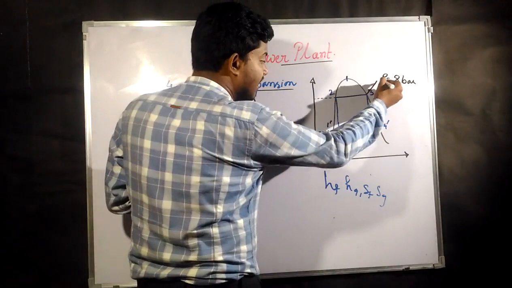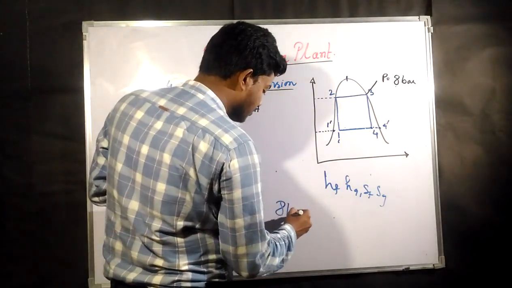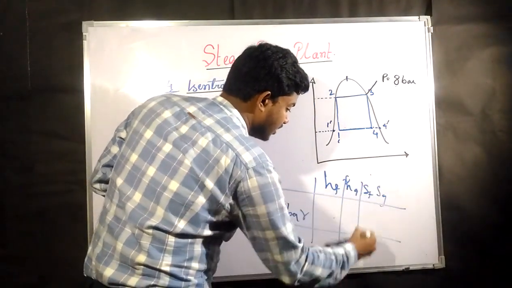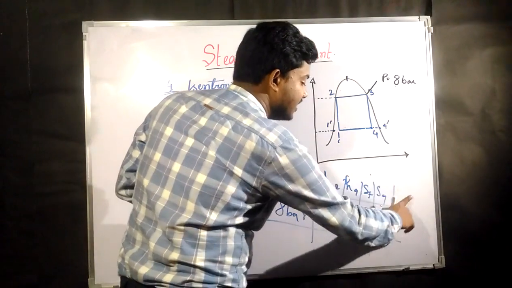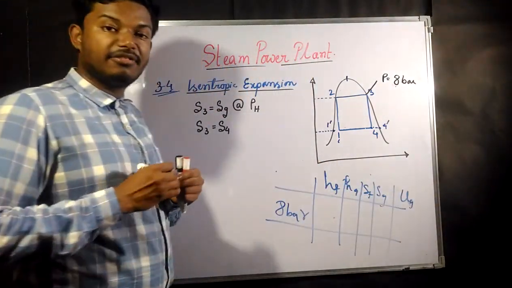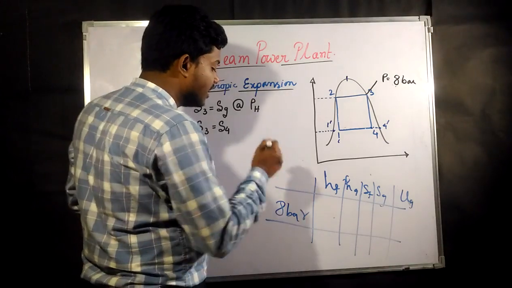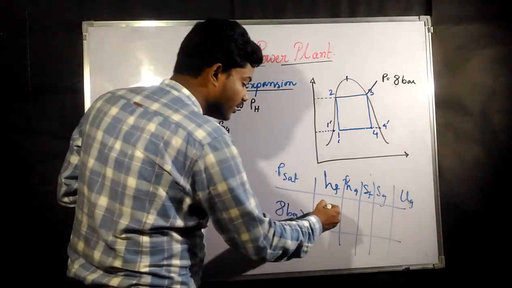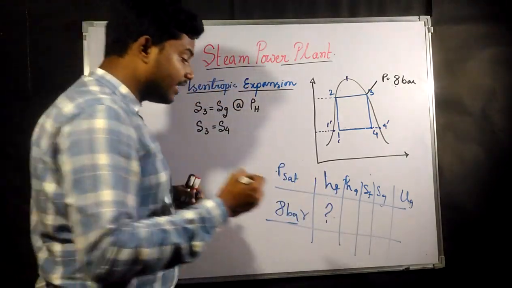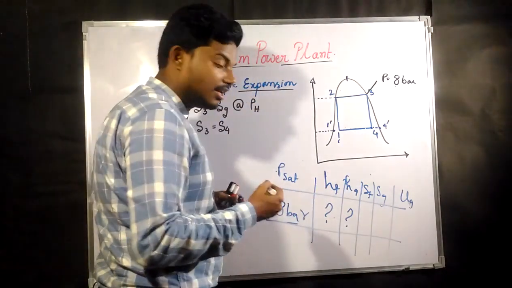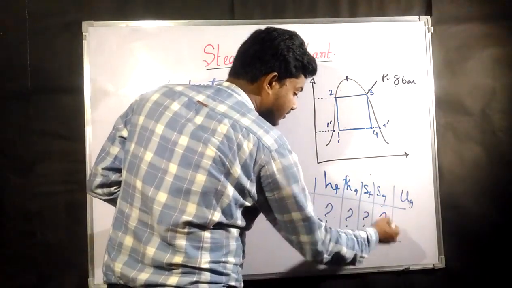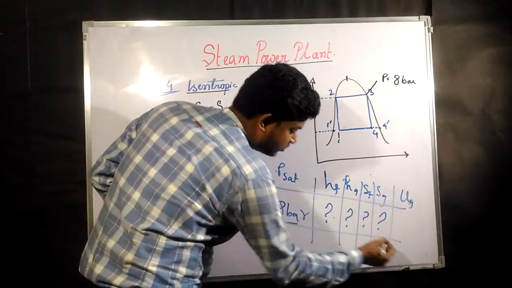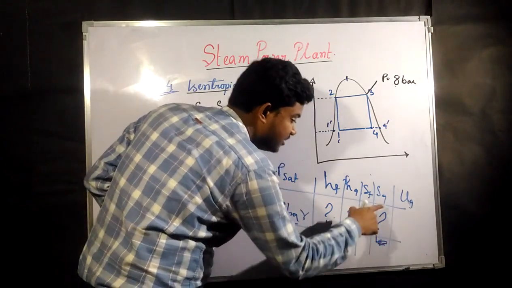At pressure 8 bar, you get HF, HG, SF, SG, and similarly internal energy UG, UF, and so on. At 8 bar you will have some value of HF, some value of HG, SF and SG. Now at 8 bar the SG value, G means gaseous state.